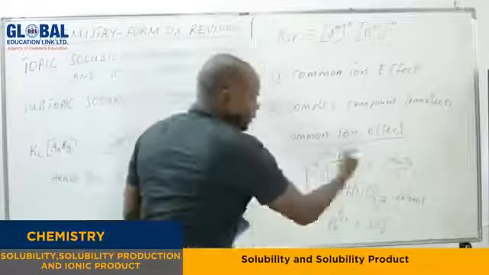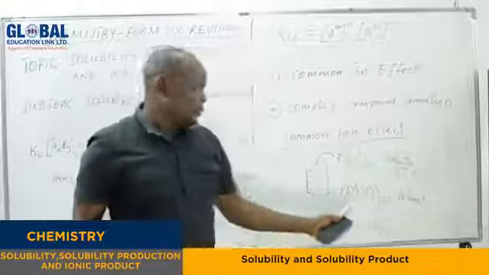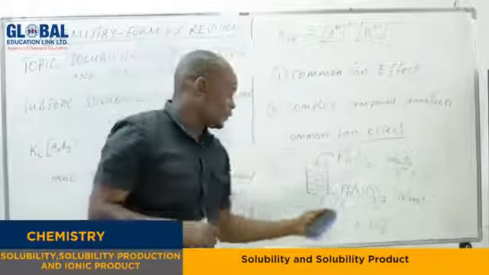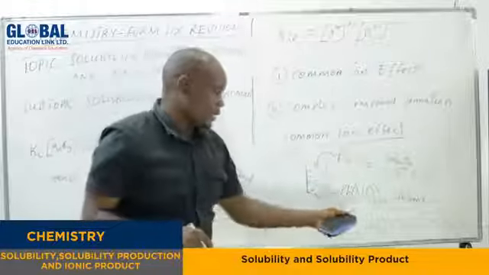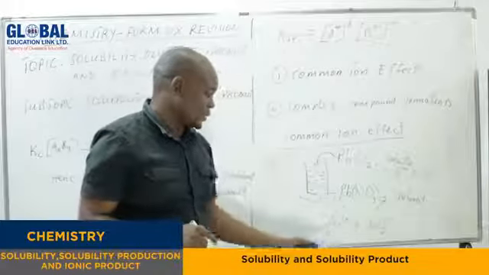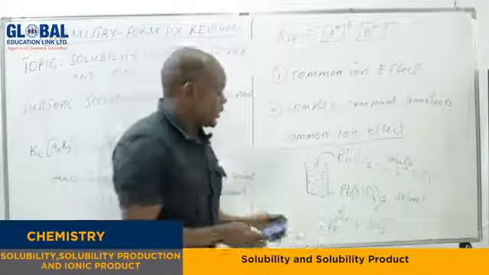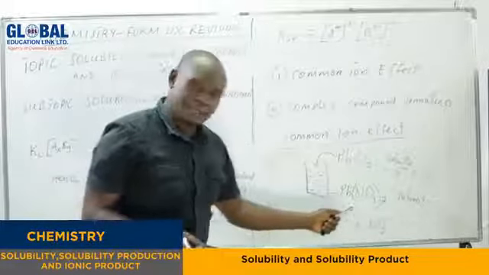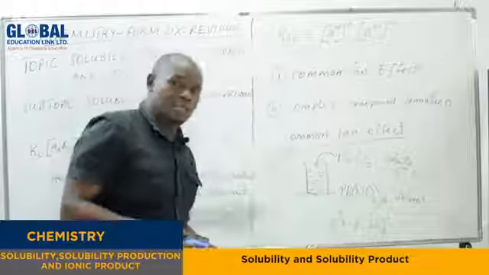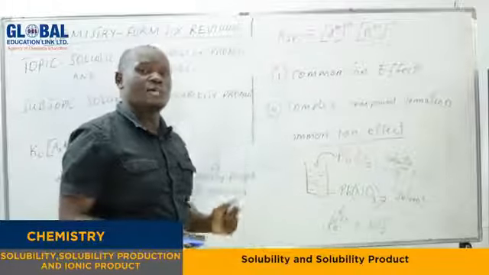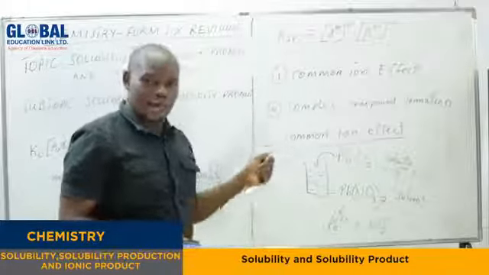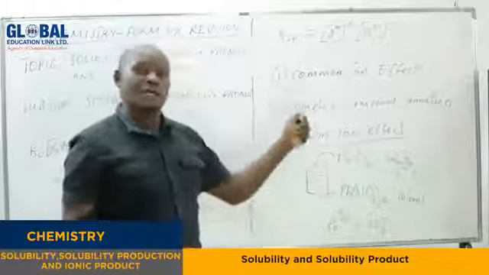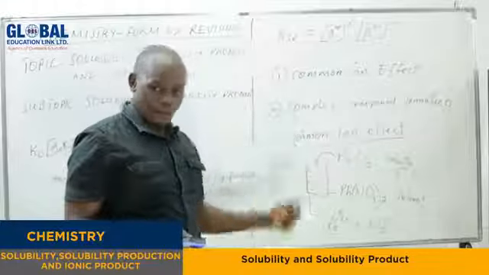So the solubility of lead chloride in lead nitrate will be decreased due to the presence of the common ion, lead, already inside the lead nitrate. Thus the solubility of lead chloride will be lower in lead nitrate than if you dissolve it in pure water, which does not contain any of its ions. So the effect taking place there is known as the common ion effect.